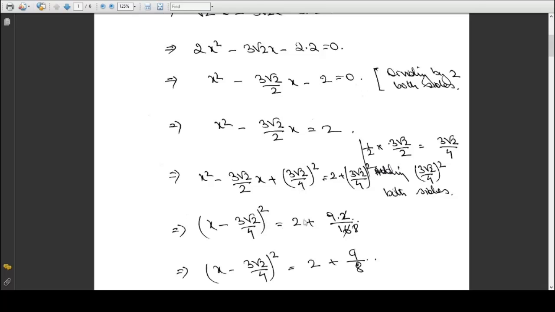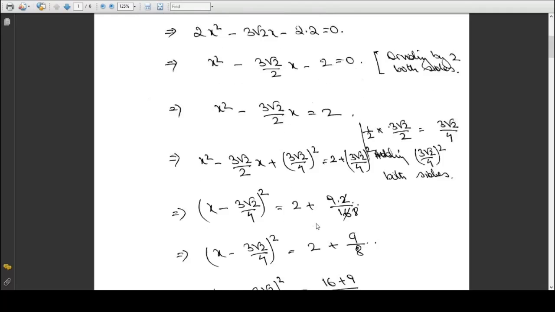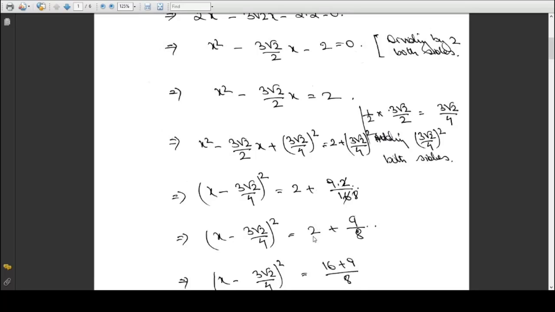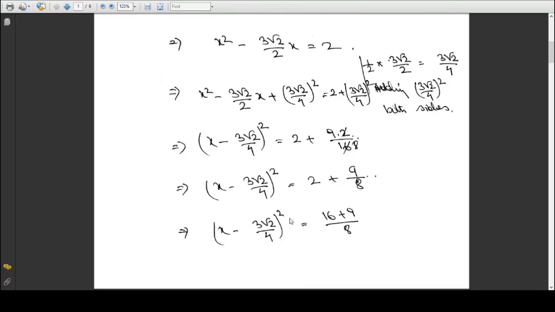And on the right side you will have 2, and then you square this one. 3 squared, 3 multiplied by 3 is 9, and root 2 squared you have 2, and 4 squared is 16. Now the left side is the same. 16 and 2 you can cancel by 2. 2 ones are 2, 2 eights are 16. That means you will have on the right side 2 plus 9 by 8.